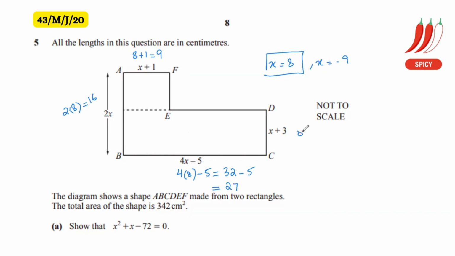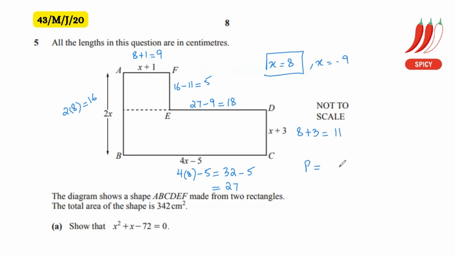CD would be 8 plus 3, which is 11. Now, FE was found to be 16 minus 11, which is 5. And ED would be 27 minus 9, which is 18. So these are all of the lengths.